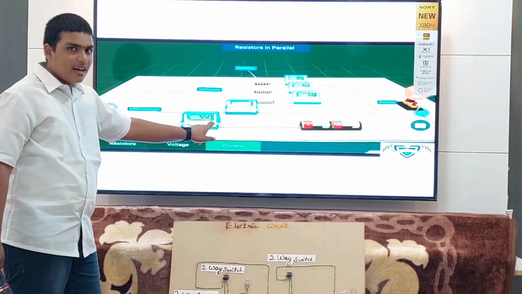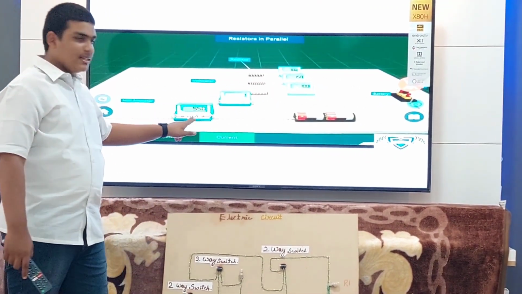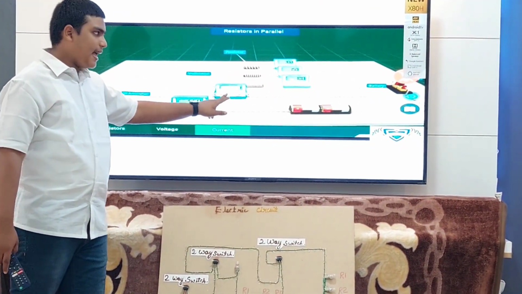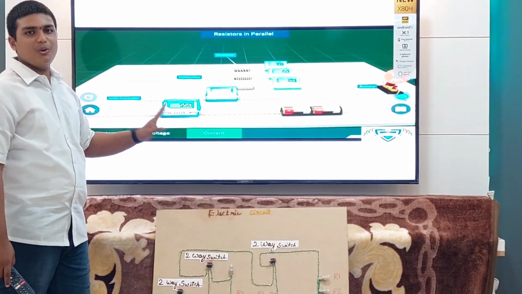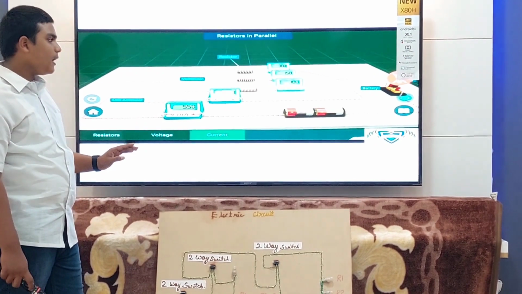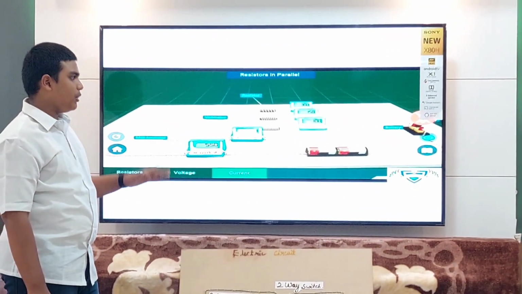So we are getting 550. If we calculate one by one, same. If we calculate the total circuit, we will get 550 only. Let us see how the process is going here.